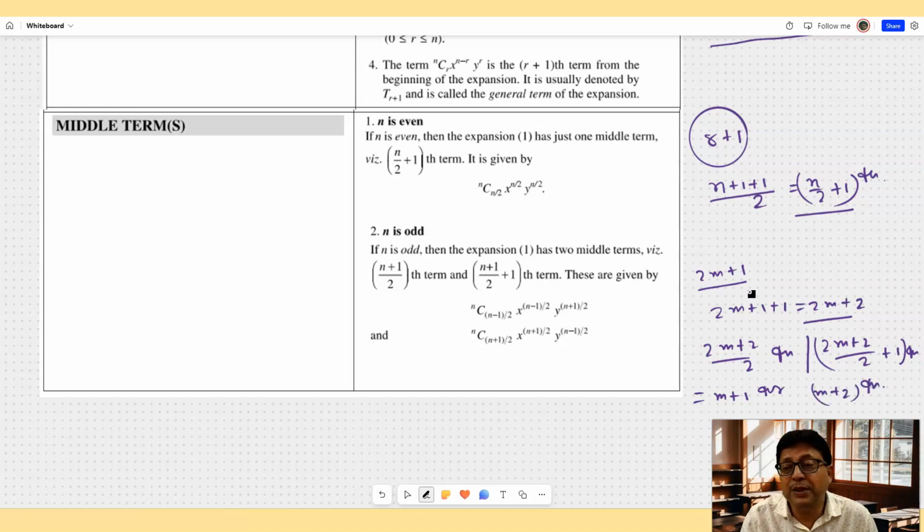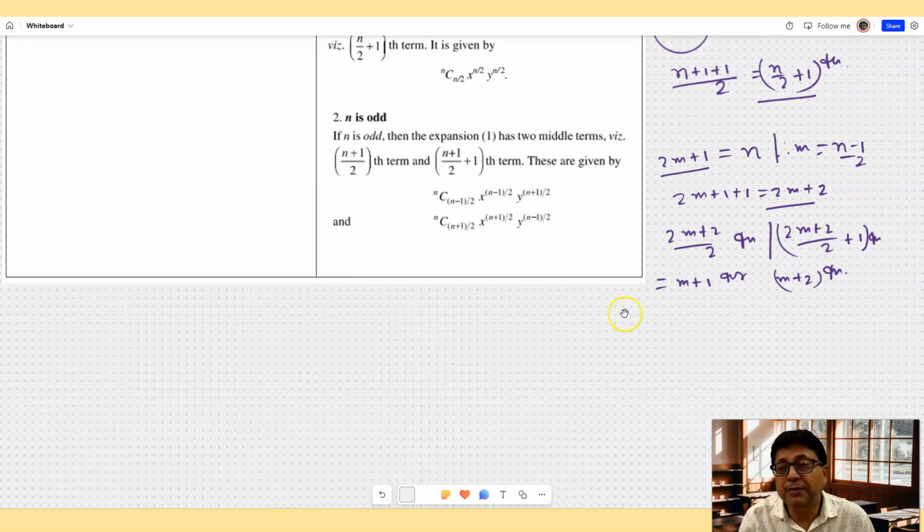But what is m over there? Because you have taken n is equal to 2m plus 1, so m is n minus 1 by 2. So now if I put m equal to n minus 1 by 2, this is going to be n minus 1 by 2 plus 1th term and n minus 1 by 2 plus 2th term.